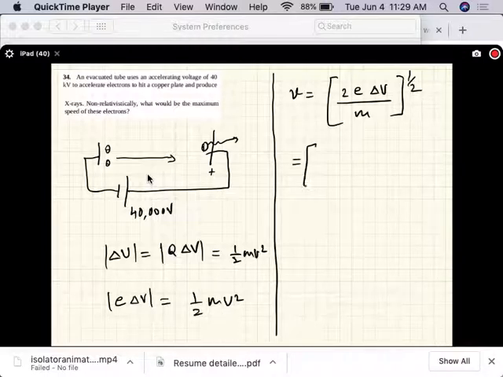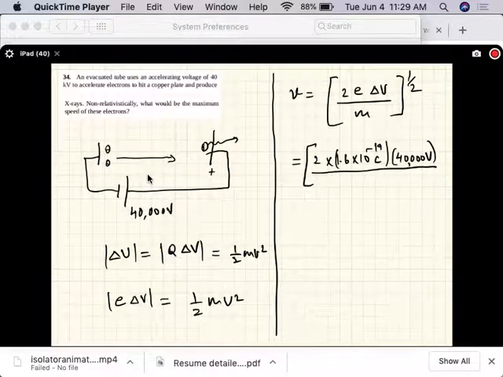All right, now let's put in numbers. The charge of the electron is 1.6 times 10 to the minus 19 coulomb. They fall through 40,000 volts. And the mass of the electron is 9.11 times 10 to the minus 31 kilograms.